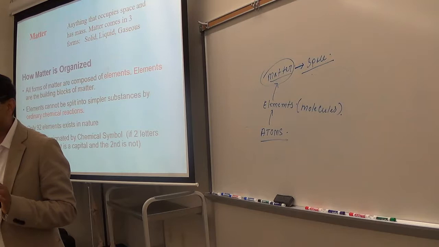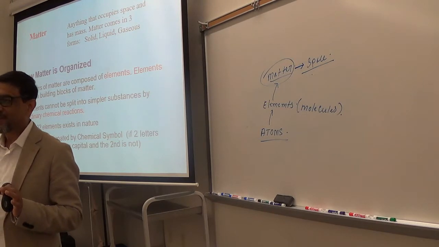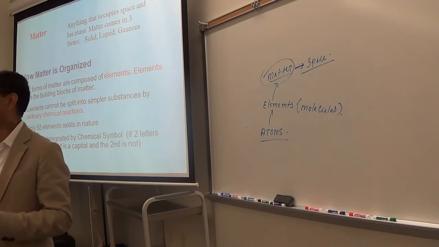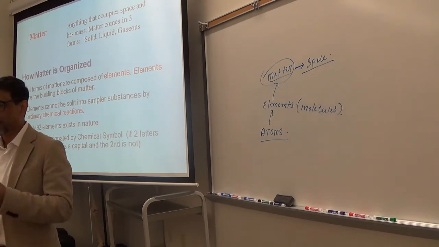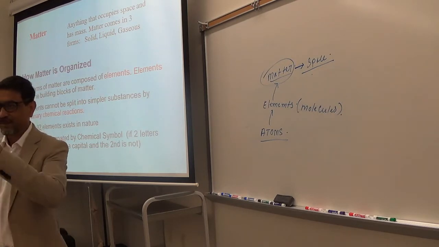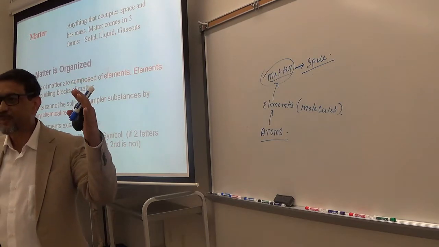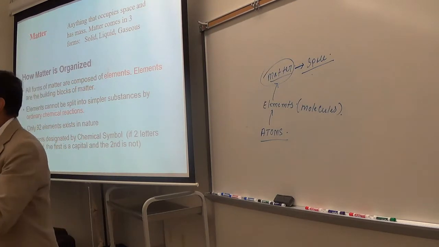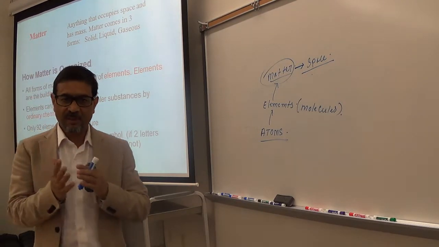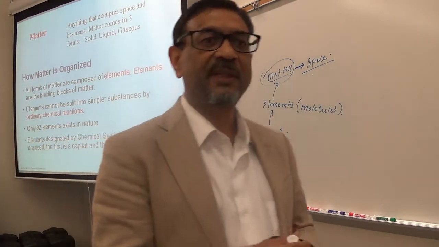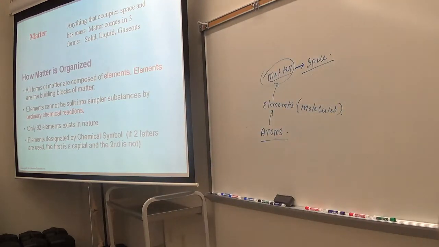Liquid also occupies space. Gas also, air also occupies space, right? We know that. When you blow the balloon, right? Gets bigger, right? Occupies space. So all those are matters. Solid things, liquid, as well as gases. Make sense? Because they occupy what? Space.